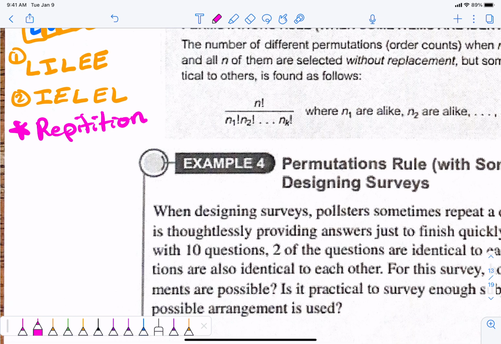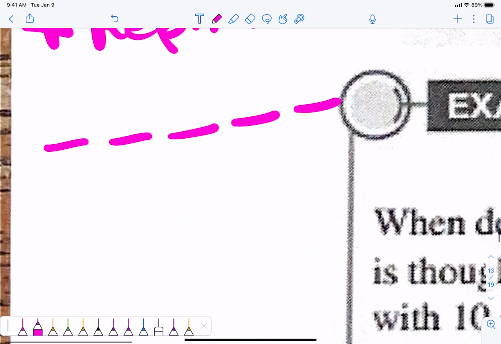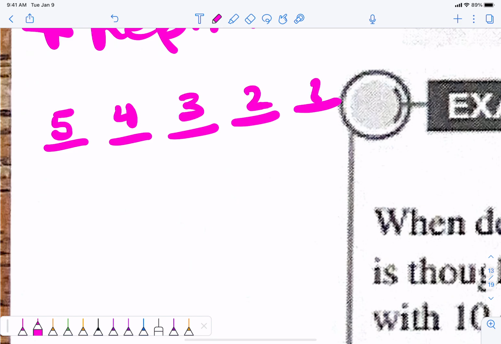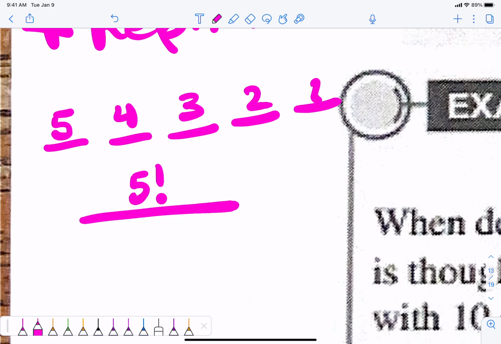If Ellie did not repeat, she has 5 letters and we're trying to figure out how many combinations we could do. How many letters could be chosen first would be 5, then 4, then 3, then 2, and 1 letter. That's the number of combinations. So it would be 5 factorial normally, except we have to divide out the repeats. The repeats go here.